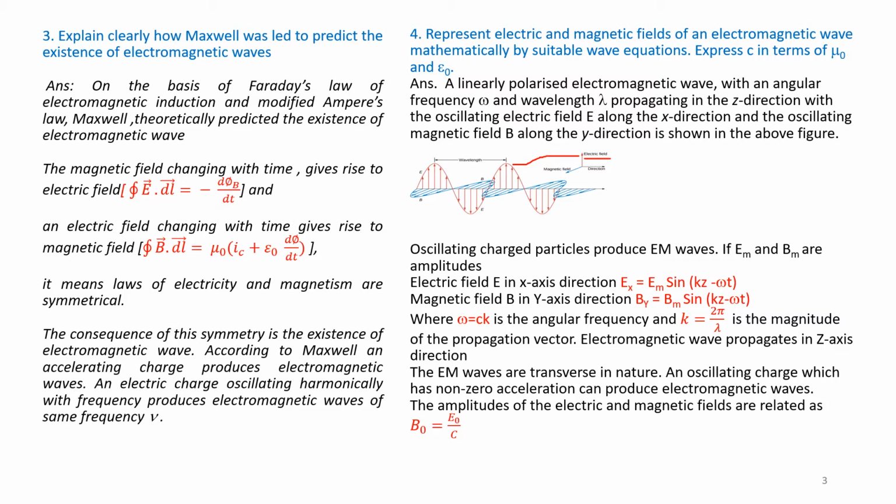The amplitudes of electric and magnetic fields are related by the equation B naught is equal to E naught by C, or this is also remembered as C is equal to E naught by B naught, where C is given by C is equal to 1 over square root of mu naught epsilon naught, the speed of light in vacuum.